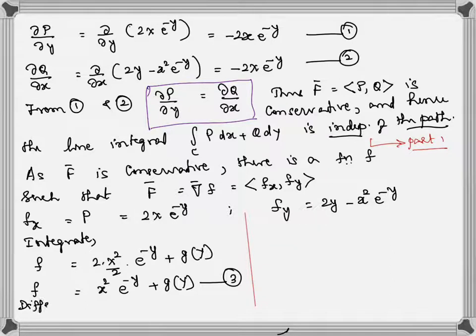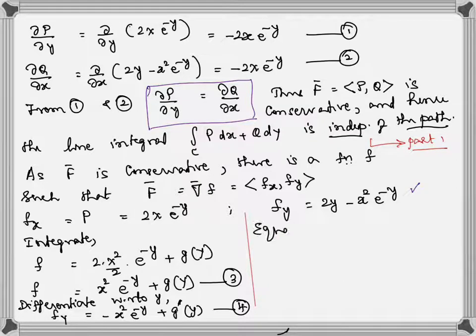If you differentiate this with respect to y, you will have negative x squared e to the negative y plus g prime of y.